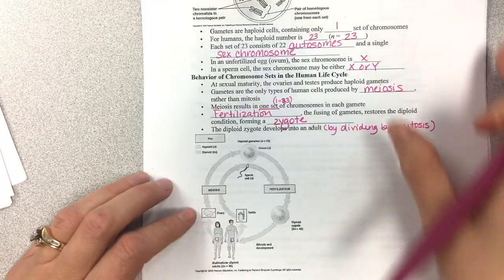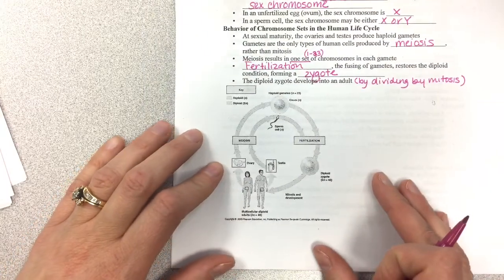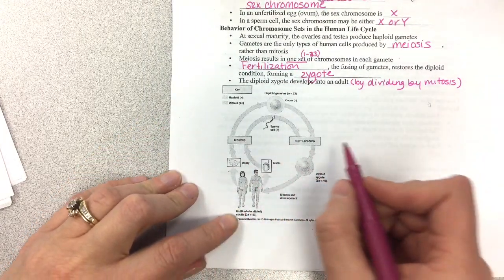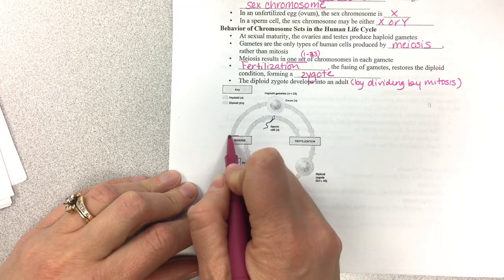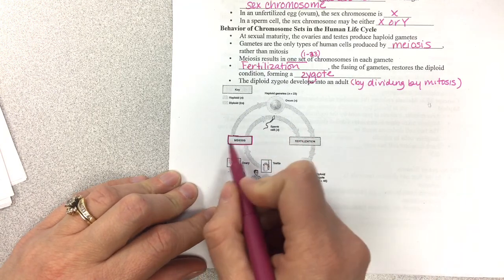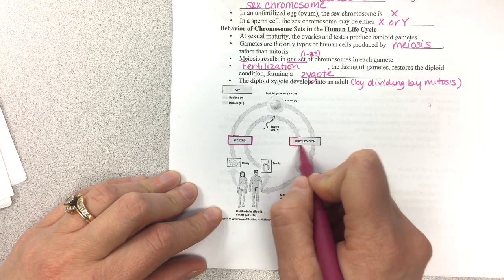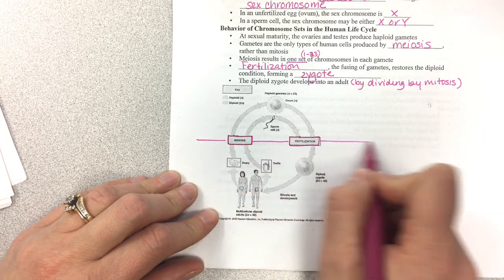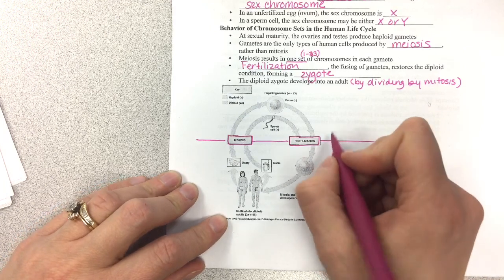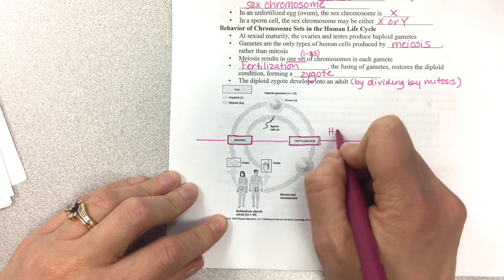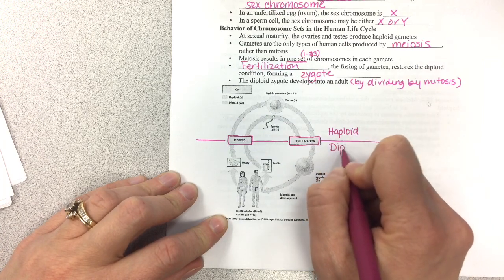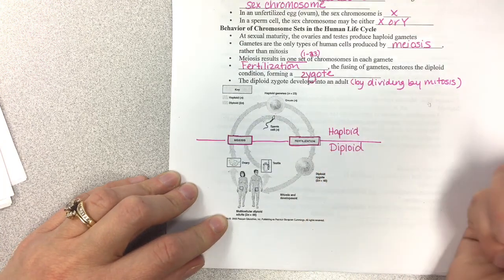So if we look at this diagram here, we're going to look at two processes: where meiosis occurs and where fertilization occurs. For the human life cycle, anything above this line is haploid, anything below, the cells are diploid.